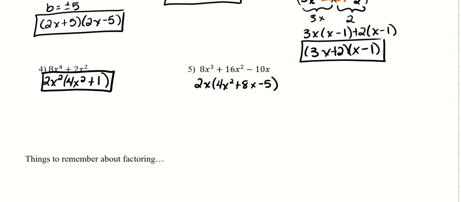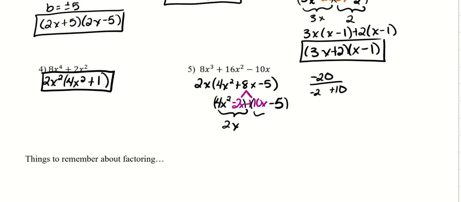4x squared, 8x, and negative 5. 4 and negative 5 equals negative 20. To factor this out, I get negative 2 and positive 10. So I'm going to break that up. My 8x, my negative 2 would factor best with 4 and not 5, so I'll do negative 2x plus 10x minus 5, and then 4x squared. I'm going to factor the GCF out of these two groups.